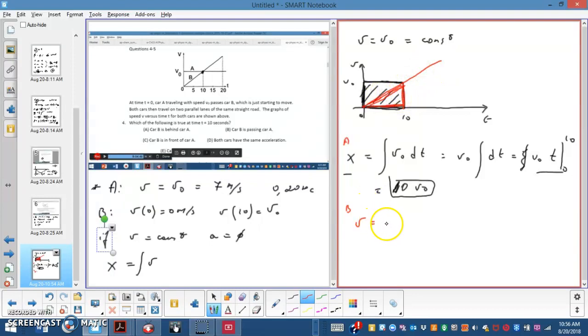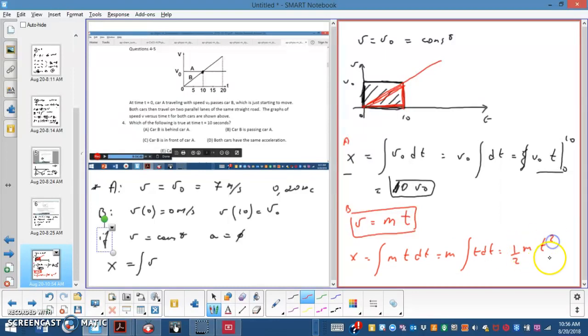This means that the slope is constant, so whatever slope you have, let's call it m. I think you call it m in math. So m times t is the expression of this particular graph. Again, to calculate your x, you have to integrate m t dt. You can take out m because it's just a constant, so that would be m times the integral of t dt, which means it's 1/2 m t squared.